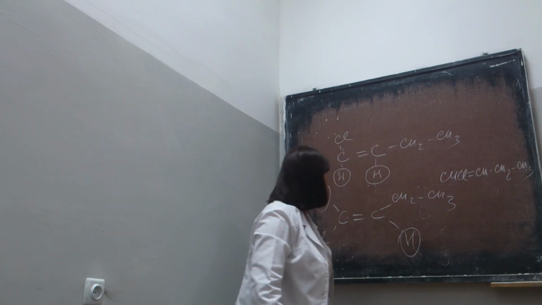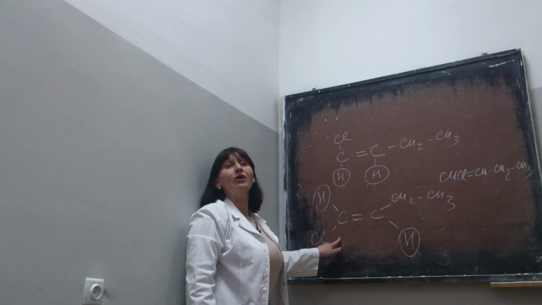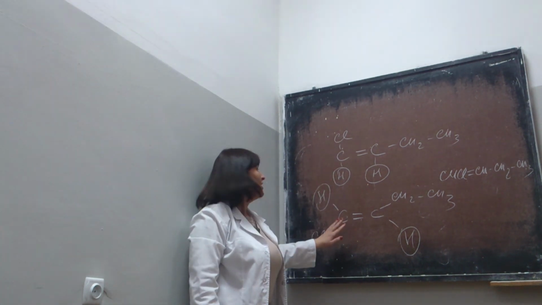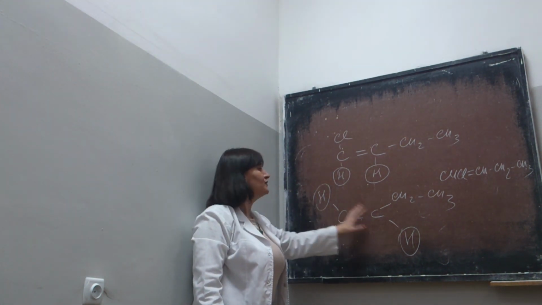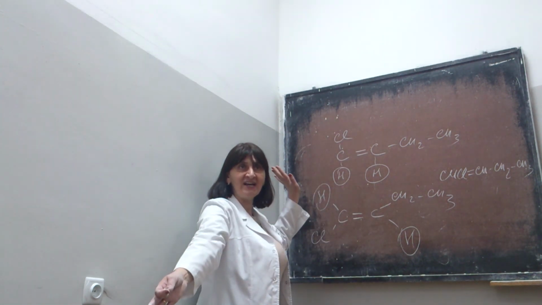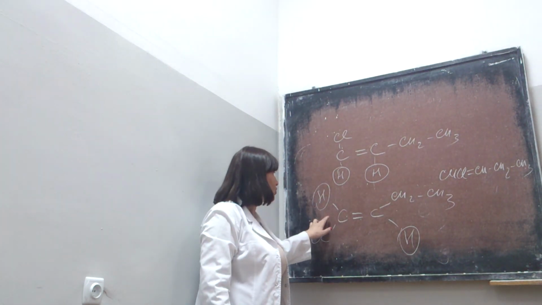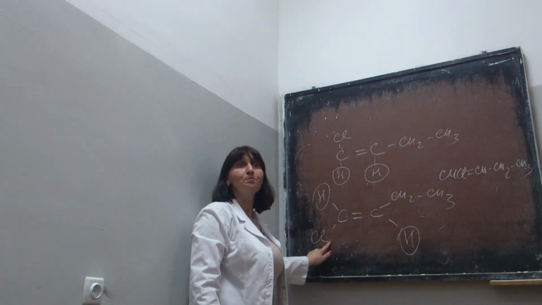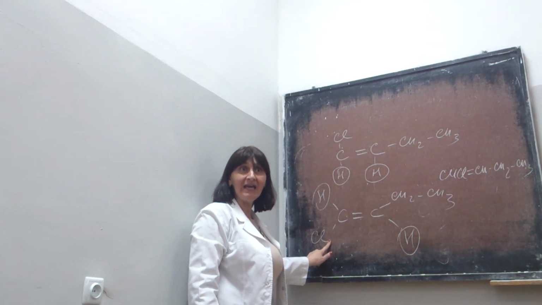And what about this chloro compound? What about the full name? In this case, because the same groups are on the opposite side, this one is trans-1-chlorobut-1-ene.